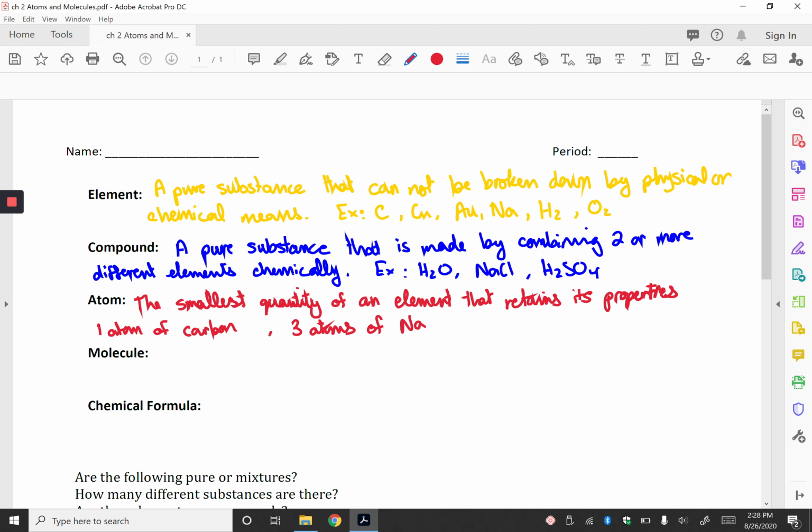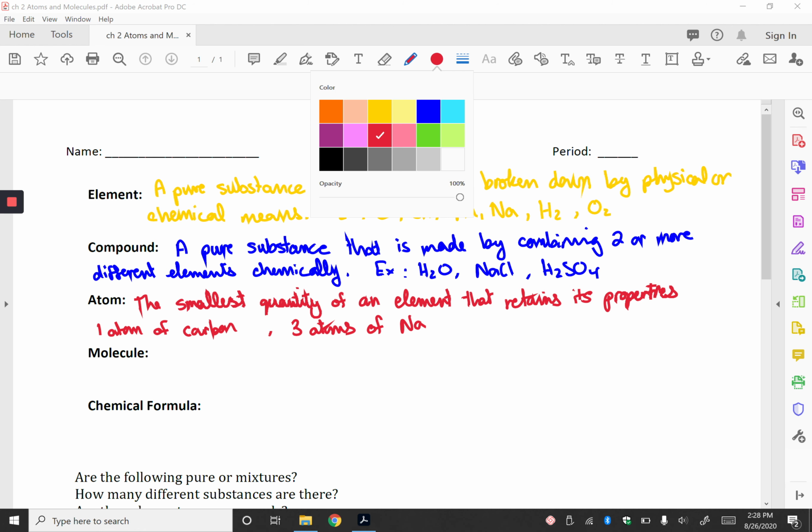If I see C like this, I'd say, oh, the type of substance is an element. But how many of it do I have? I can have 1 atom, 5 atoms, 100,000 atoms. So an atom tells you the quantity. It's the smallest unit. An atom is a unit of an element. So how many units are there? That tells me how many atoms are there.